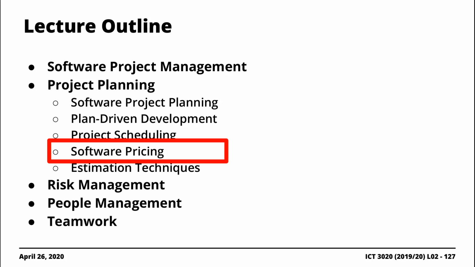And then we'll quickly transition to look at a few estimation techniques that are used to figure out exactly how long a project would take, and also gain an approximate value of how much it would cost to undertake the project.